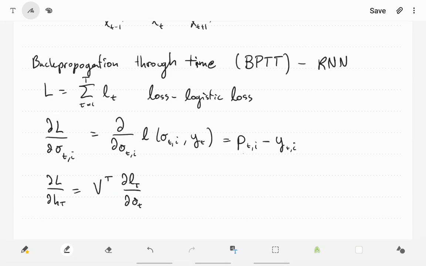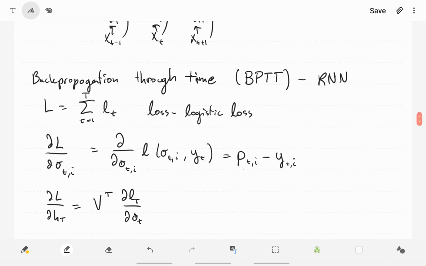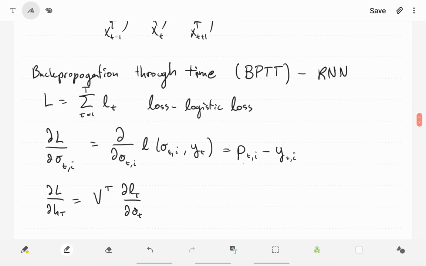And that's just going to take this following linear form. And you have this linear form just because O sub T is a linear function of h sub capital T. Sorry, this should be O sub capital T.